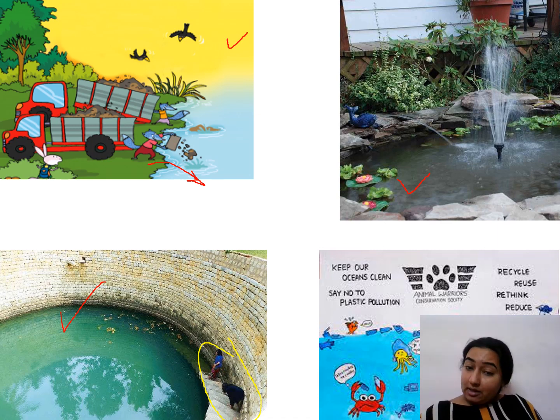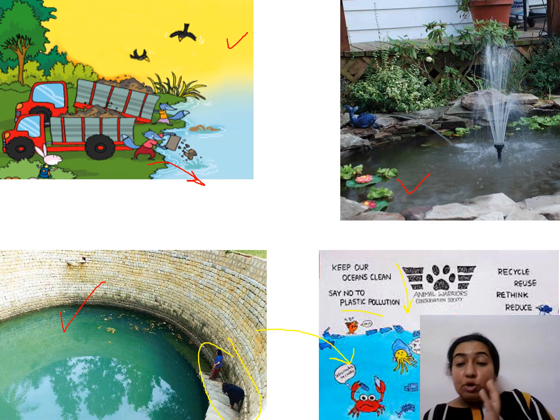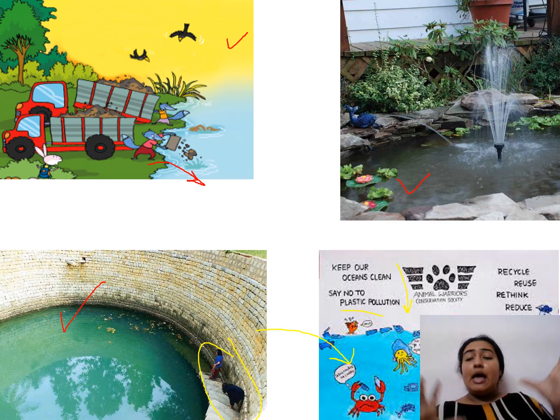Few people bathe in the well water, they wash their clothes, they bathe their animals and they do some other things related to water. Now we can see that there are also pollutants in the water. In this image, people are throwing plastics and garbage in the water. So they are making it polluted and dirty.